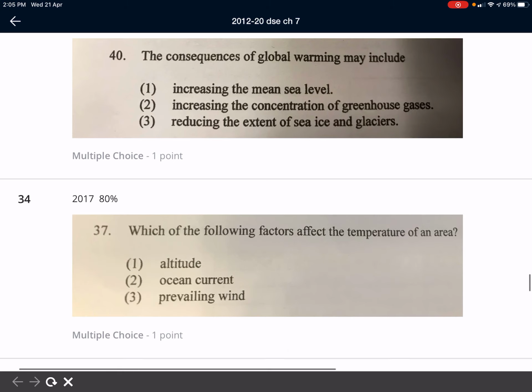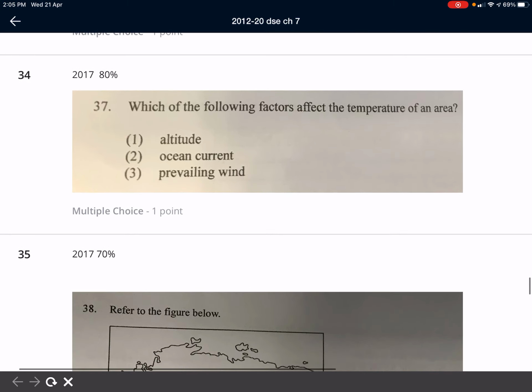Okay, number 34, which of the following factors affect the temperature of an area? Altitude. True, because as I said before, with the environmental lapse rate, for every 1,000 meters higher, the temperature reduces by 6.5 degrees Celsius. And ocean current is also the case, just like London, which is at the same latitude as Moscow, because they are enjoying the North Atlantic Drift, which is a warmer ocean current, they are warmer than Moscow.